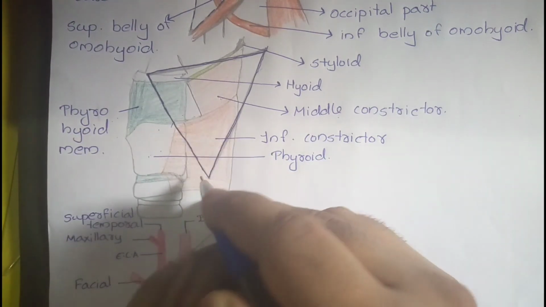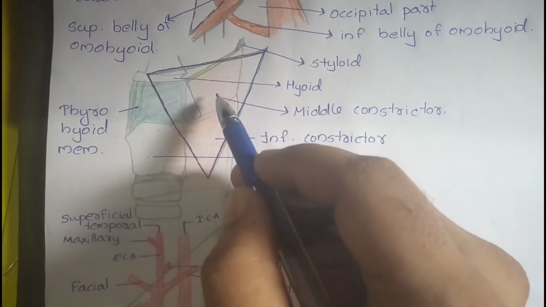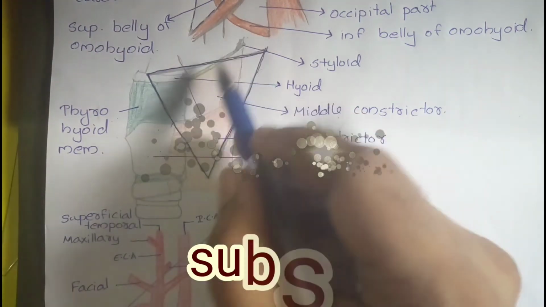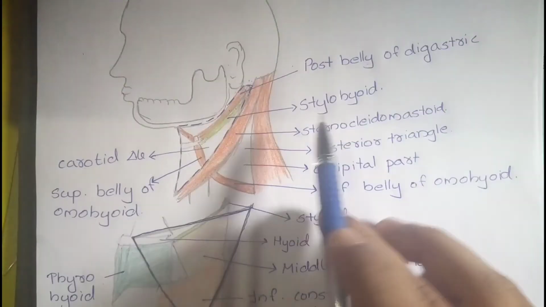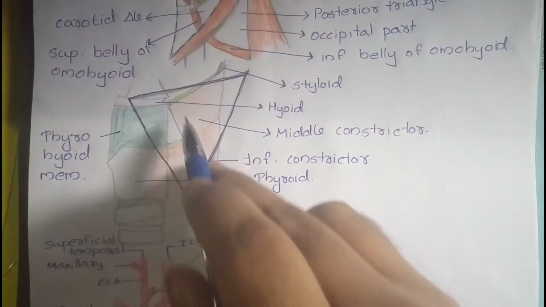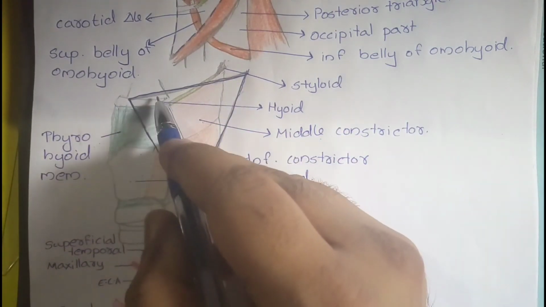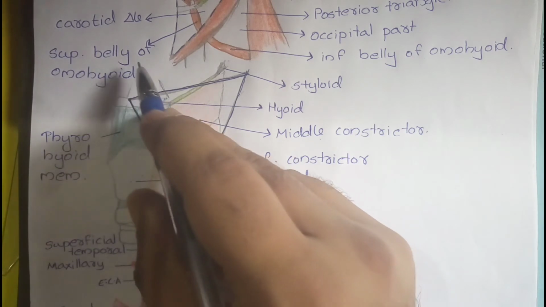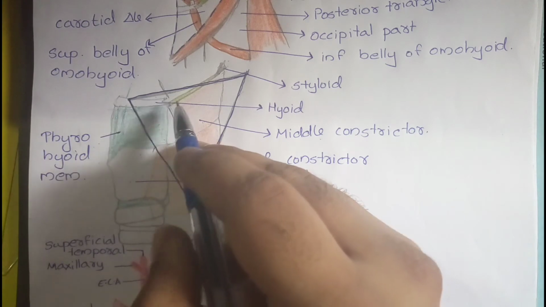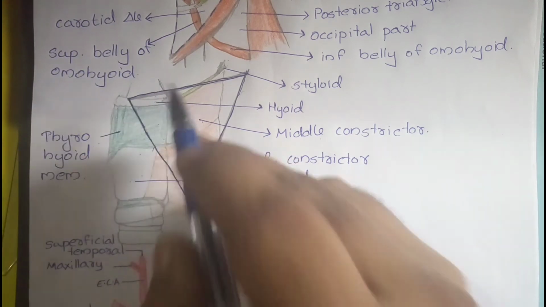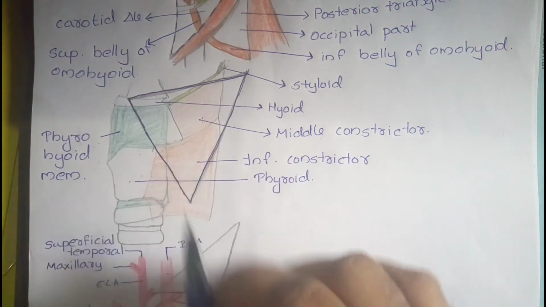This process is the styloid process, and a ligament connects the styloid process and the hyoid, the stylohyoid ligament we have already discussed. The hyoid bone connects to the tongue through the hyoglossus muscle, which is present here. So we have the hyoglossus muscle, middle constrictor and inferior constrictor.